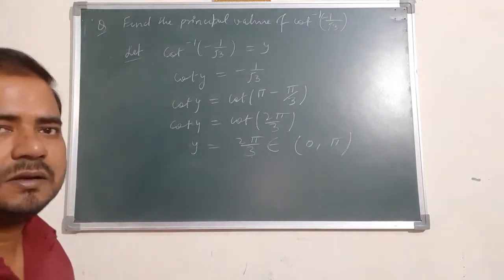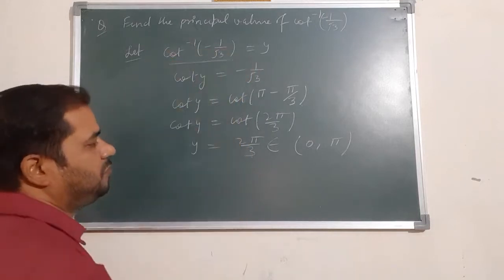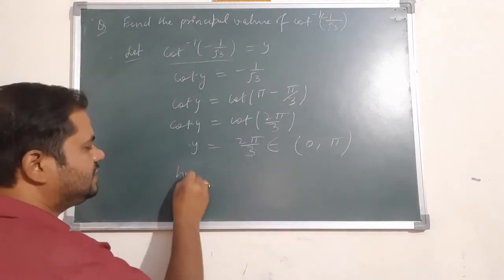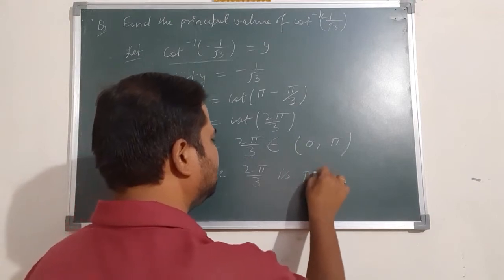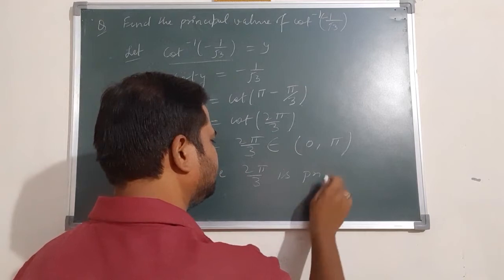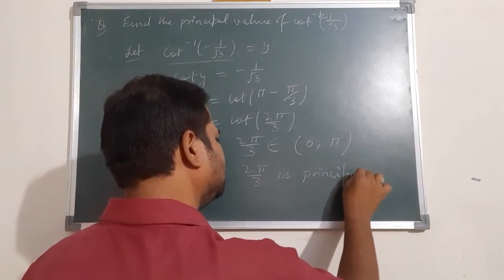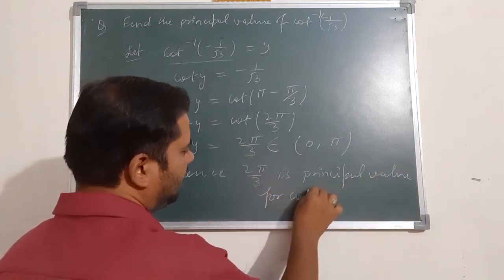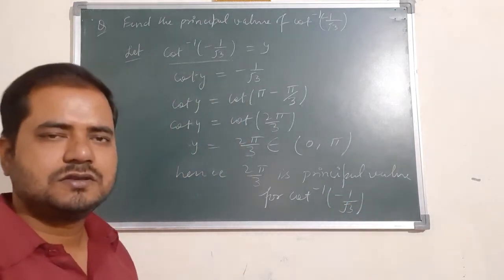Because this lies in the range, hence 2 pi by 3 is the principal value of cot inverse minus 1 by root 3. Okay, so note it down please.